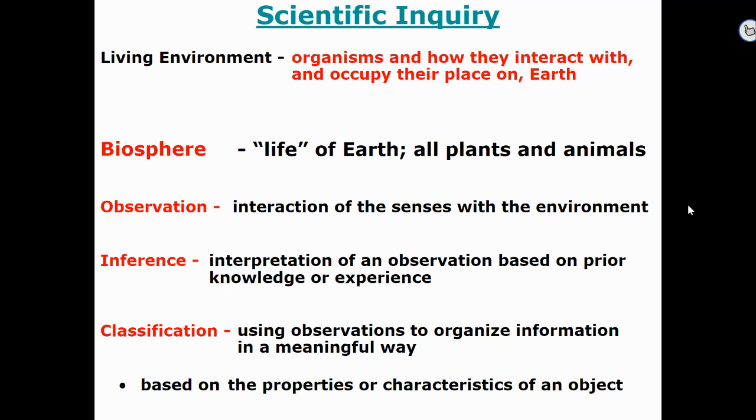Now, maybe all of us in class here, if I were to say, let's classify all the people in this room, we might say male and female. We might say over 5'6", under 5'6". We might say something to do with eye color. But we have to create a system so that we can organize that information, and we base that system on some characteristic that we create. All right?